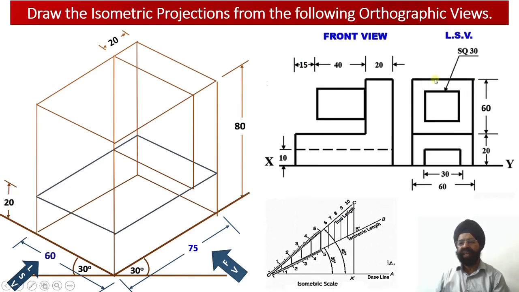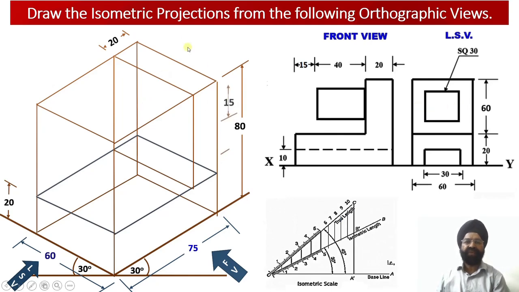The square vertical web has a dimension of 60, and the square prism mounted in front of it has a dimension of 30. So we are left with an offset of 15 from the top end, 15 from the bottom end, 15 millimeter from the left end, and 15 millimeter from the right end.